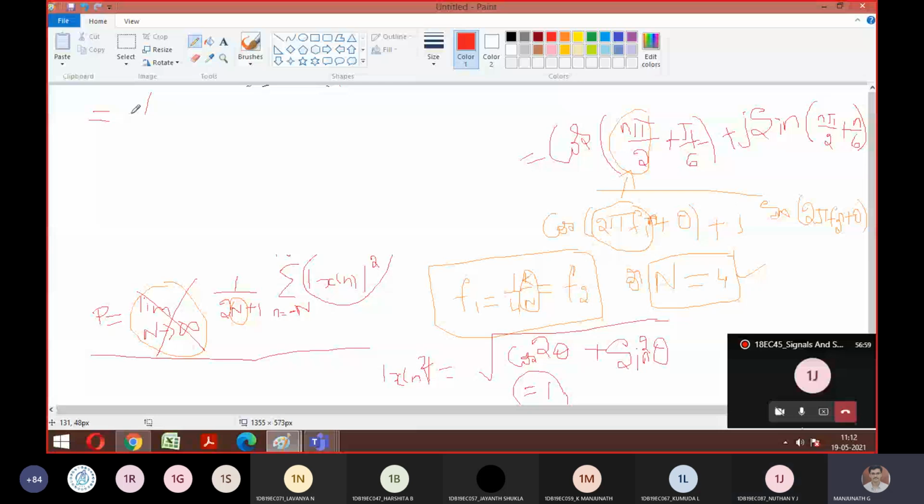I'll use a bracket here. Summation, so what is your n varying now? From -4 to +4. I hope you see why I took 4. Is it clear?